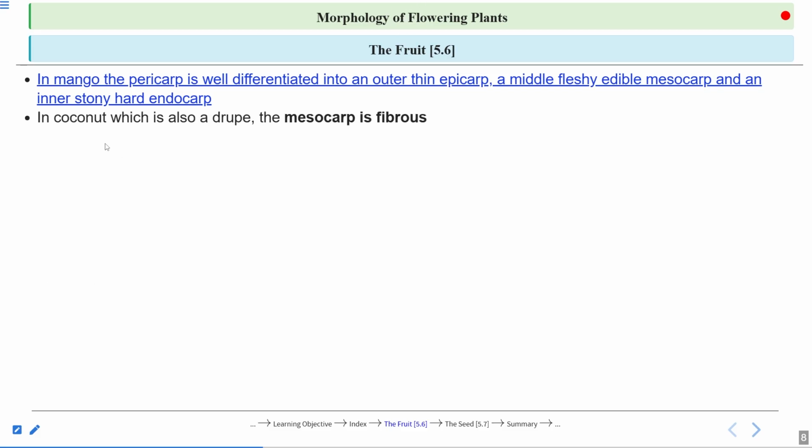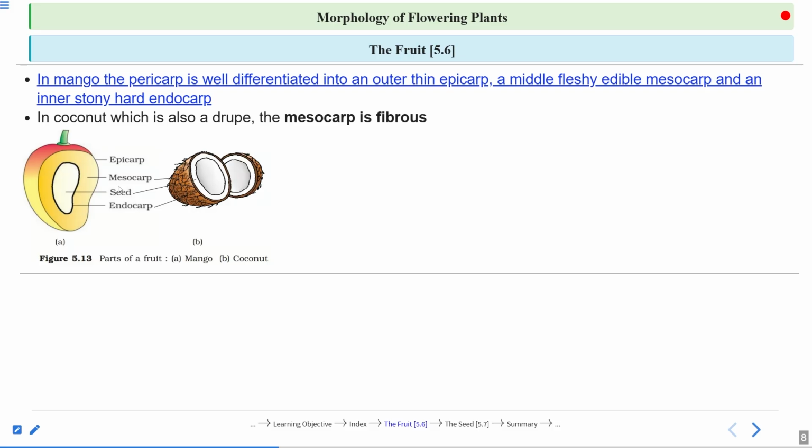What about the case of coconut? Coconut is also a type of drupe fruit only. But here the mesocarp is fibrous, and that is not an edible part. So it depends upon the fruit.